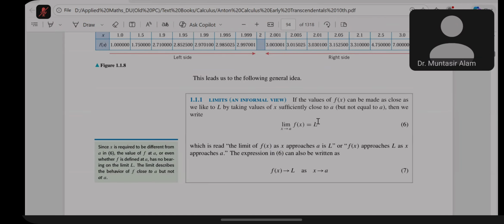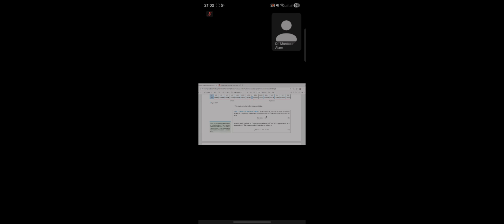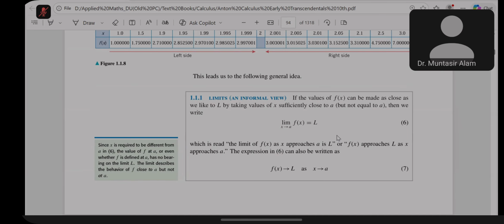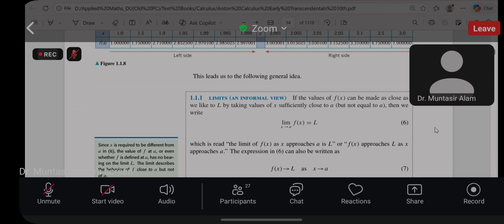So if we start with the limit in a formal way, we can say if the values of f(x), that means the function value of f(x), can be made as close as we like to L by taking values of x sufficiently close to a but not equal to a.